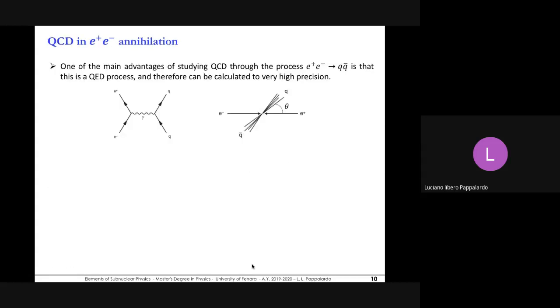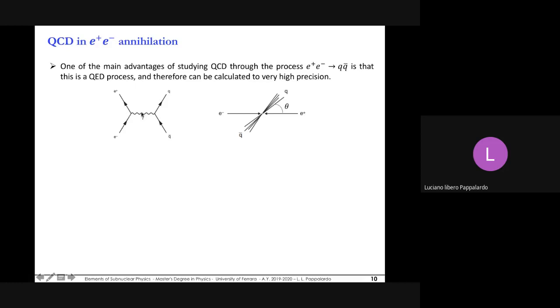Now, a powerful tool to study QCD is indeed e+ e- annihilation, and there are 2 important reasons. One of the main advantages of studying QCD through the e+ e- process, where you create a q-qbar pair, is that this is a QED process, of course. It is an electromagnetic process. You are creating a quark pair through a photon.